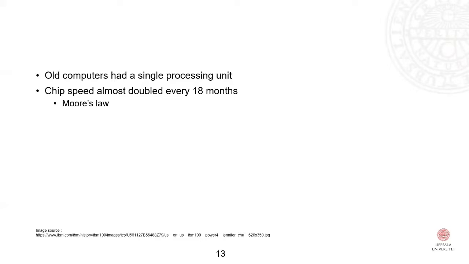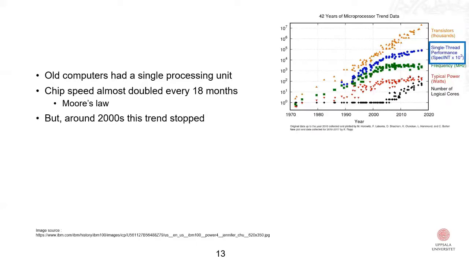But this trend of being faster and faster exponentially actually dropped around the year 2000. So as you see here in this diagram, we can see how fast the computers became since the 1970s. We are interested in these blue dots.